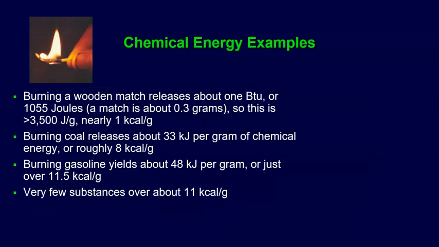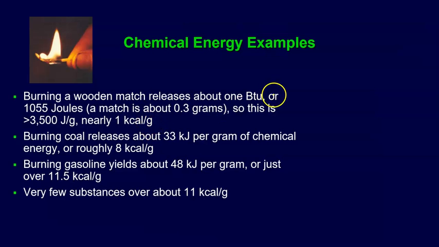So just some examples. We'll start with a simple one. Burning a wooden match releases about 1 BTU, or again about 1055 joules. What we like to do for different materials is express them in kilocalories per gram. That tells you how much energy is in each unit of mass for that particular item.